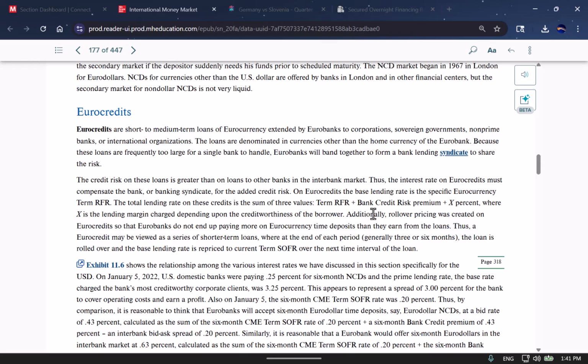And JP Morgan comes and says, I can do up to $500 million. Bank of Tokyo Mitsubishi comes and says, I can do 2 billion, whatever their credit limits for that company. You put it together, and the lead bank typically gets a bigger commission out of this, because you're originating this.